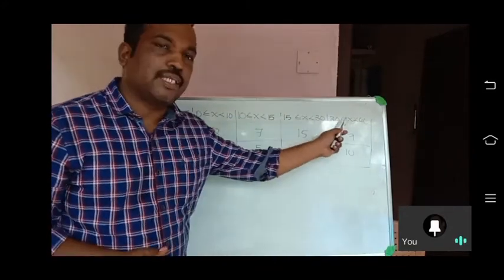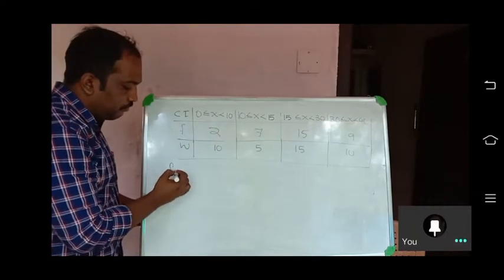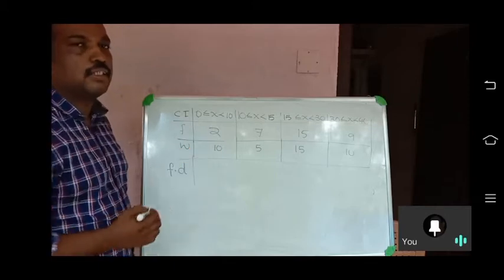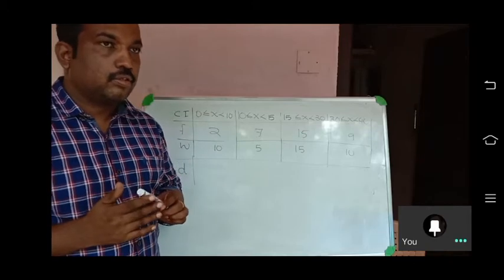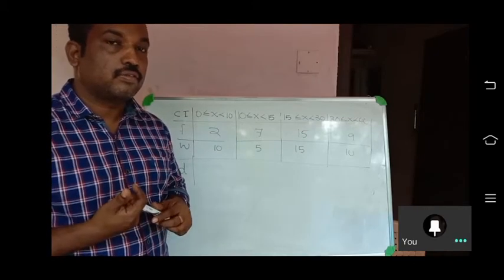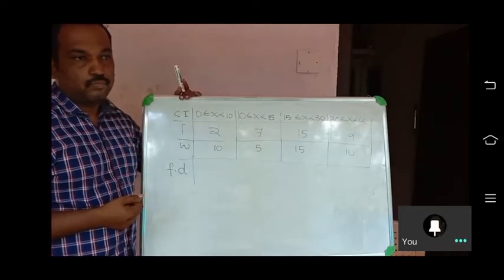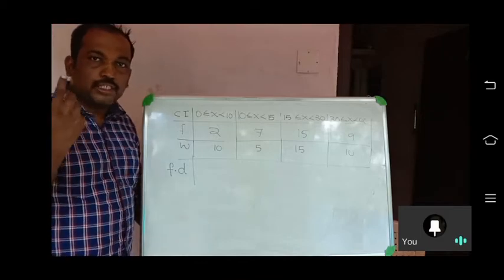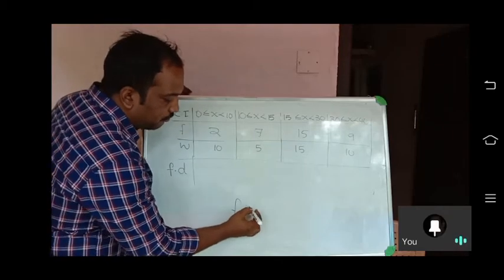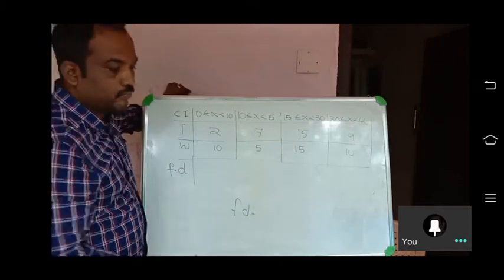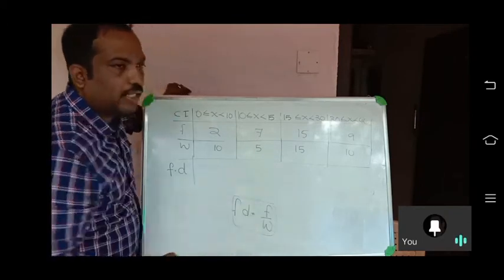As the widths are different, you have to find the frequency density. Where did you learn frequency density? For histograms. For unequal classes, we need to find frequency density. How do you find frequency density? Frequency divided by class width.